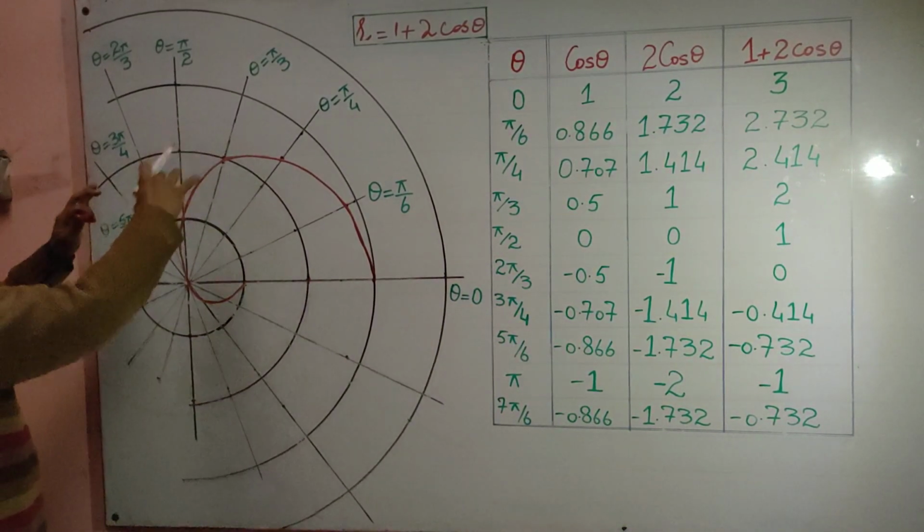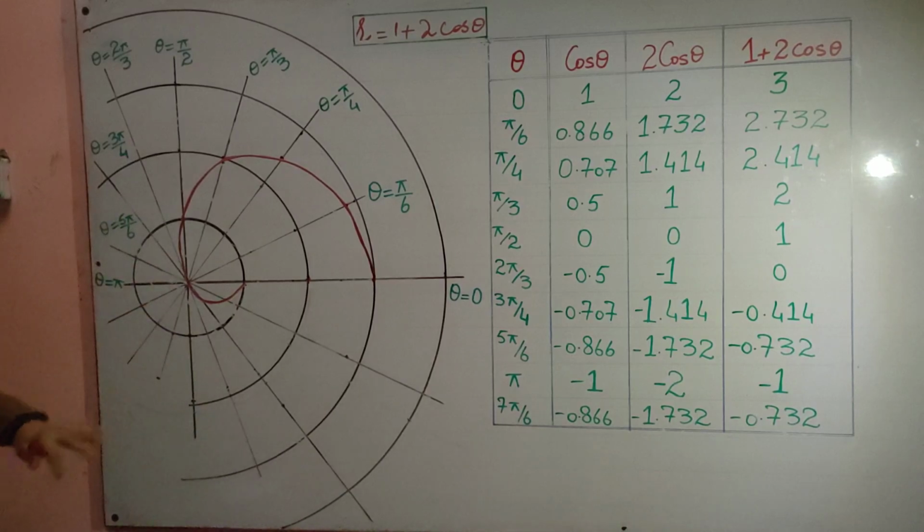Now half of the curve is complete, and the other half we will draw just by symmetry.